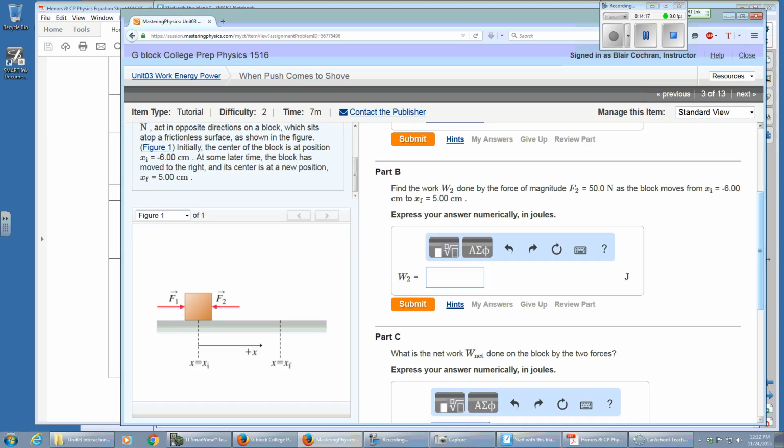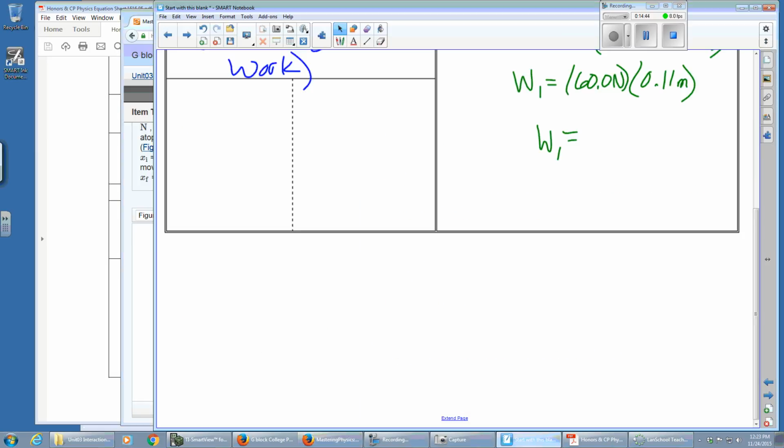So even though I'm going to get a positive answer again, I want to make sure I put it in as a negative. Remember, that's the part I put in parentheses when we talked about it. The other way to say it is, I want to remind myself, so I'm going to put in a negative value for the force to give me a negative work. It doesn't really work that way, but you could think of it that way to make your life easier.